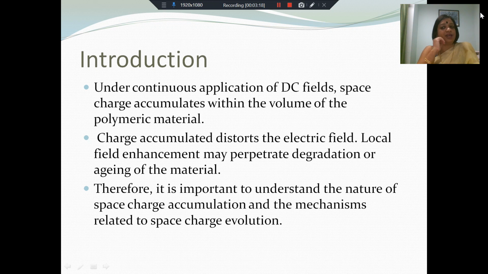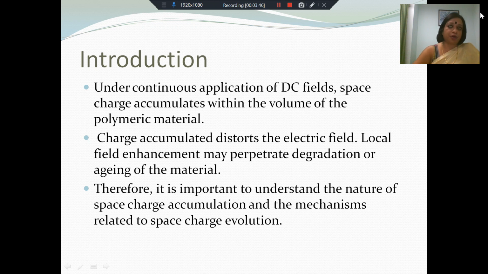So we really need to understand this. We still don't understand exactly all the mechanisms by which space charge is trapped in the material or detrapped. So the charge trapping process is a matter of research, and therefore we need to understand the mechanisms related to space charge evolution. However, from the point of view of diagnostics, space charge accumulation can be used as an aging marker.